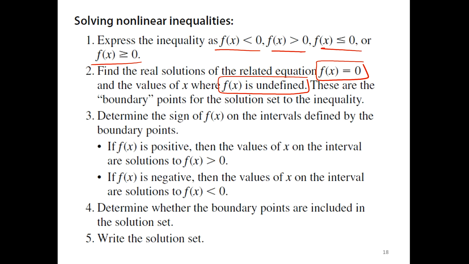If we have a polynomial, we only find f of x equals 0. If we have a rational, we must find both. f of x equals 0 comes from the numerator equal to 0, and f of x undefined comes from finding the zeros of the denominator.